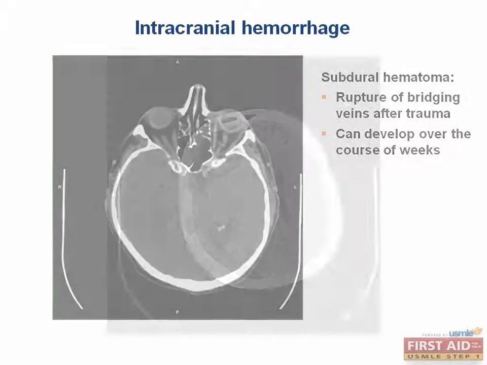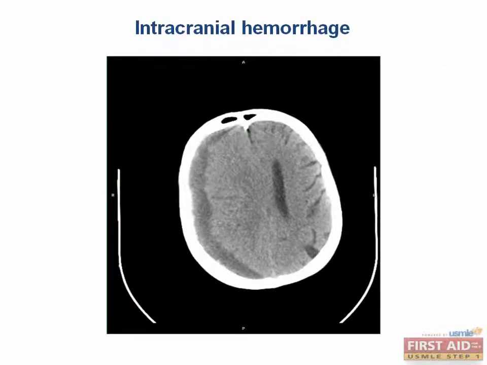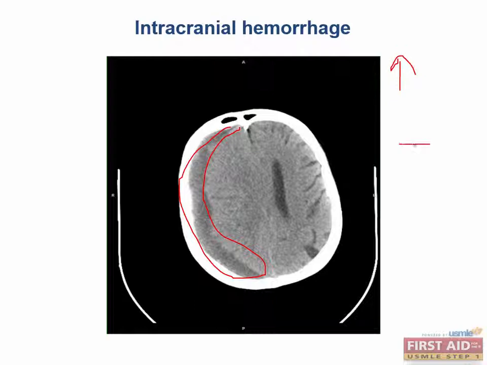Now, what would you see on a CT that would let you know this was a subdural hematoma? Subdurals are characterized by a crescent-shaped collection of blood, causing mass effect because the blood flows relatively freely between the two layers. Now, acute subdurals are hyperintense when compared to brain tissue, but chronic subdurals can be either isointense or hypointense, depending on the stage of blood clotting.